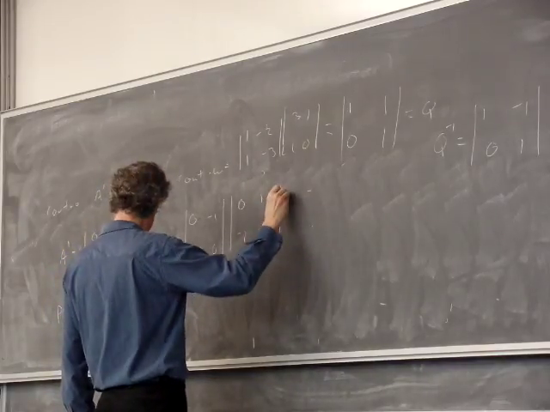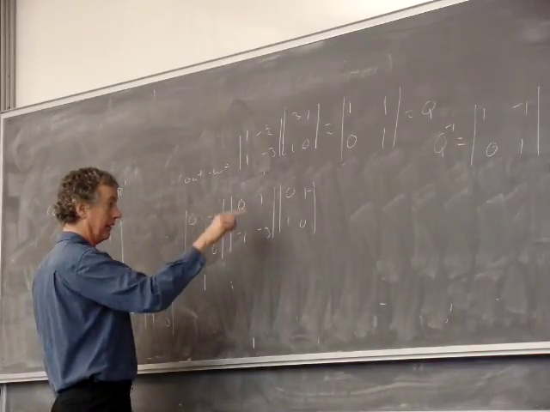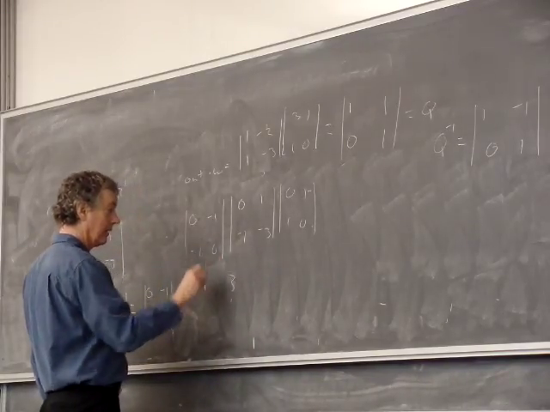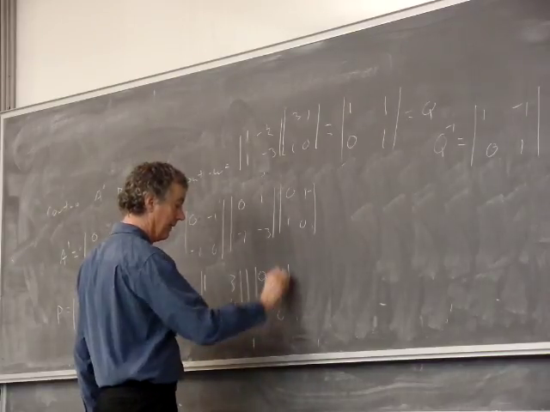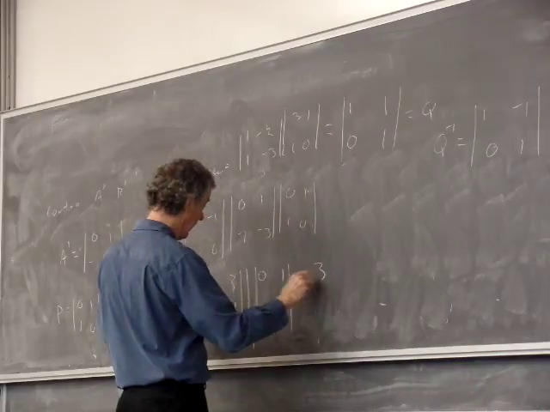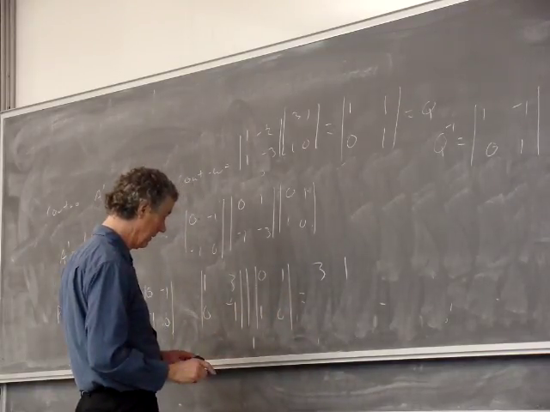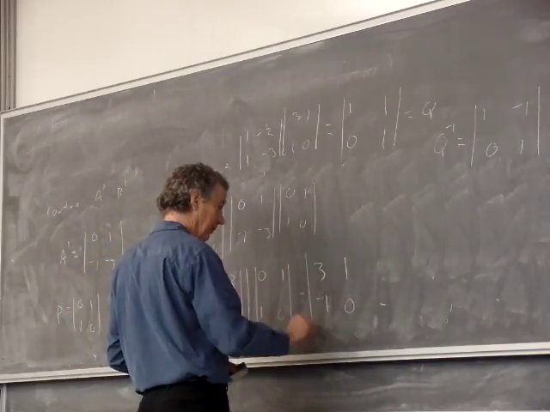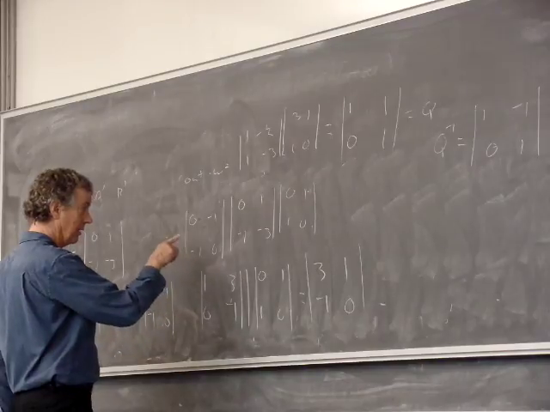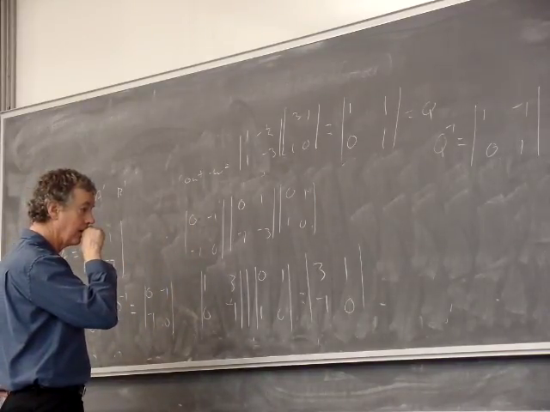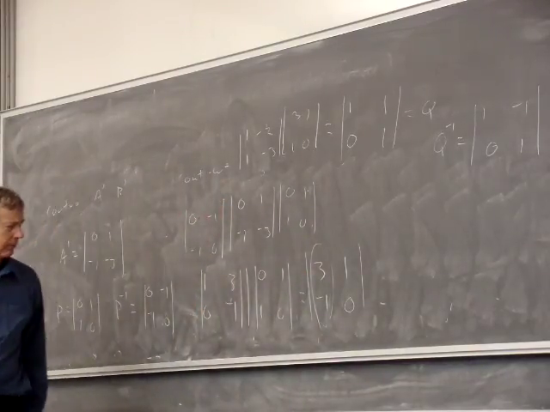I did this one, right? 1, 3, 0. But it should be a minus 3 somewhere in the middle there.